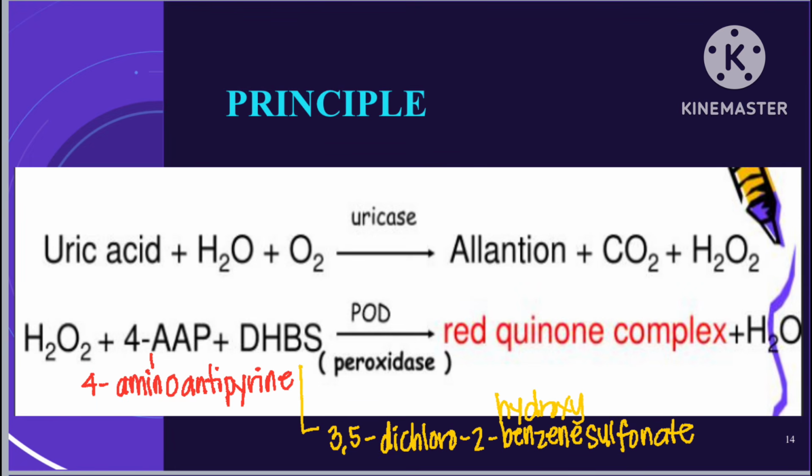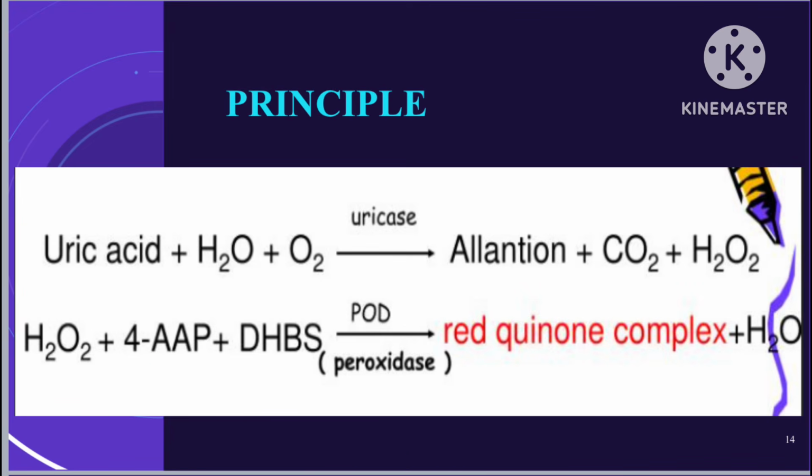So when this hydrogen peroxide reacts with 4-AAP and DHBS with the presence of peroxidase, it will yield a red quinolamine dye. The absorbance of this dye at 505 nanometers is directly proportional to uric acid concentration in the sample.